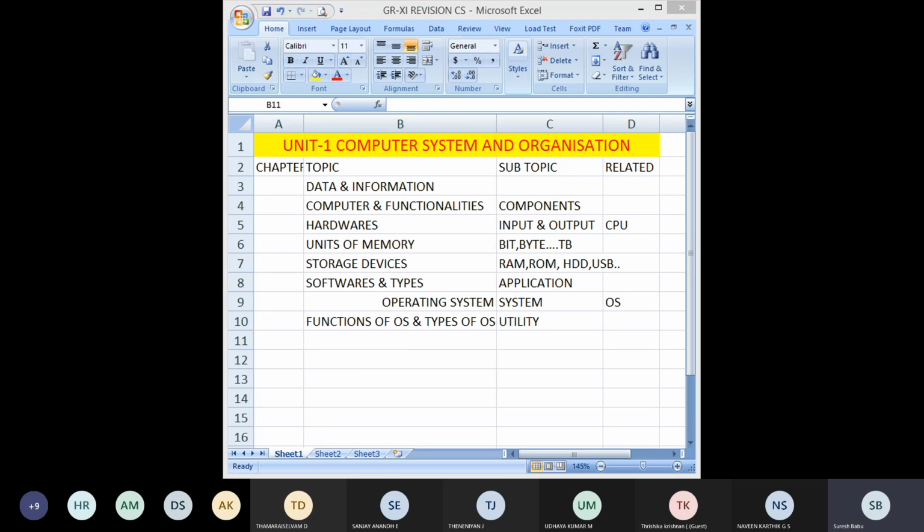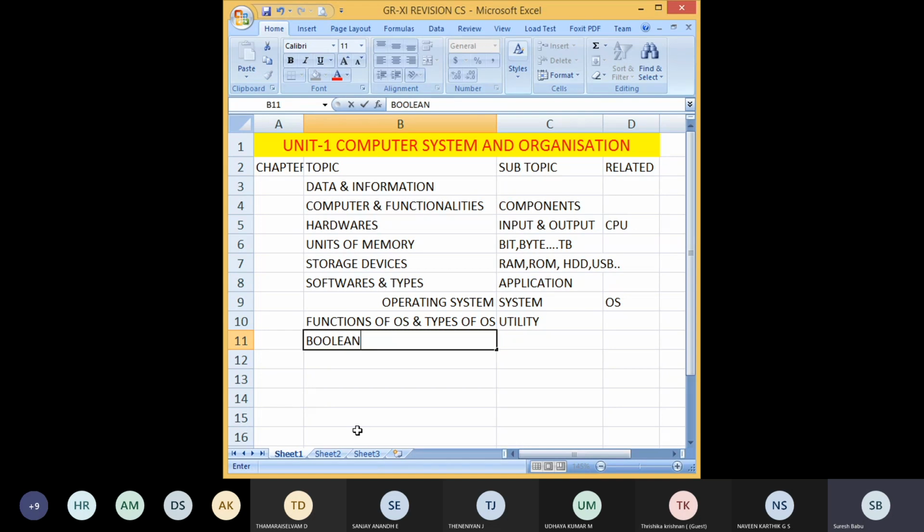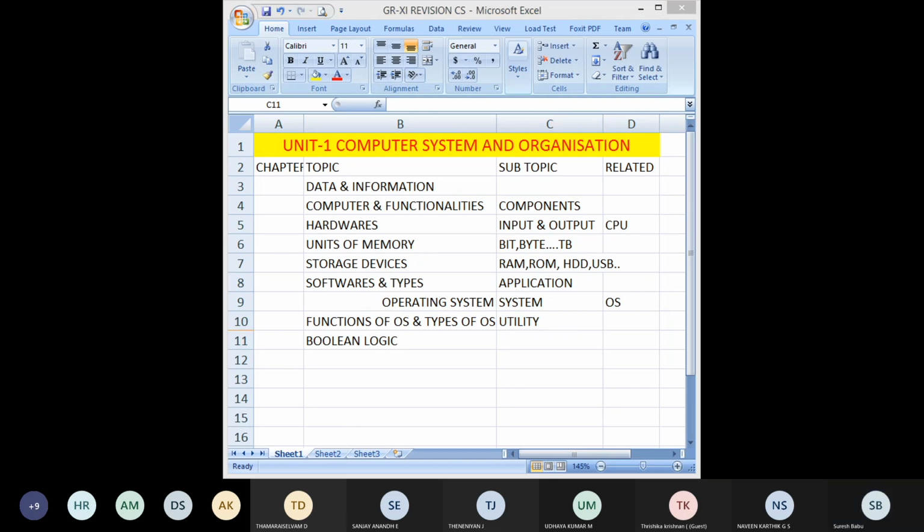Then the next thing is Boolean logic. What are the things we should know? First you should know what Boolean is. Definition is the first thing you should know.